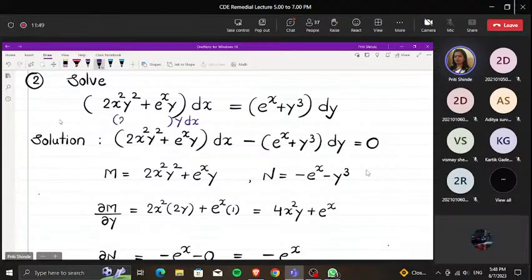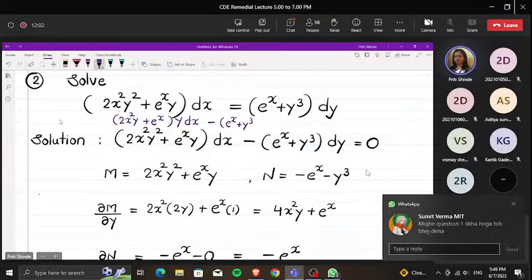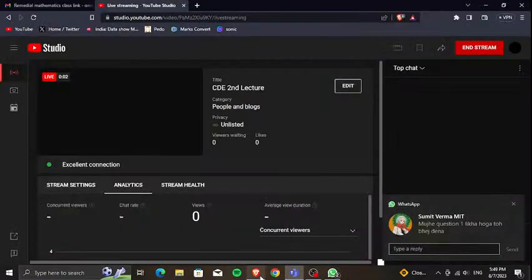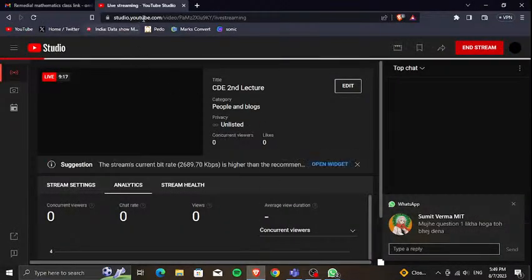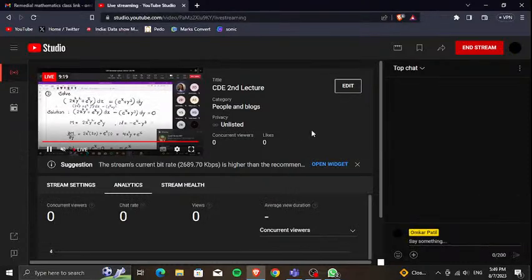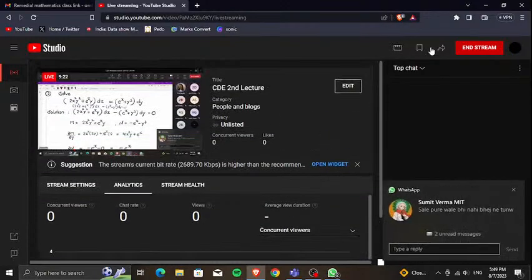The remaining part is 2x square y plus e raised to x. But from the second term, e raised to x plus y cube dy, you cannot take x common. To apply the second rule, here we want y dx and here we want x dy. So we cannot apply rule number 2 also.